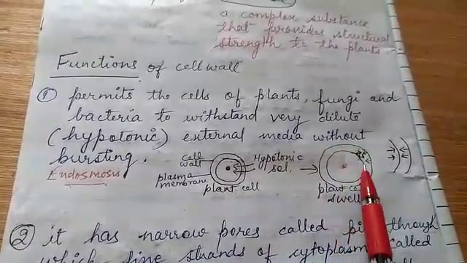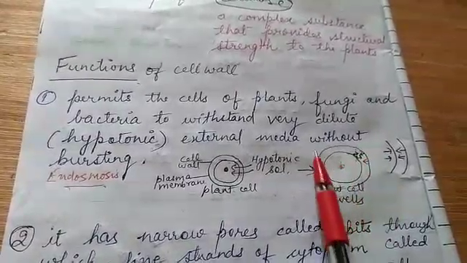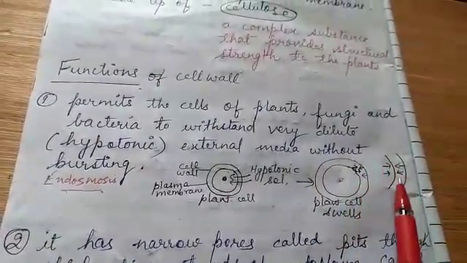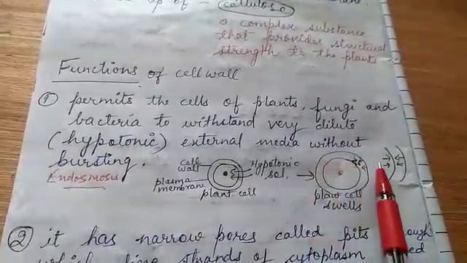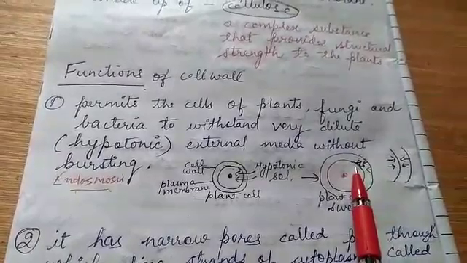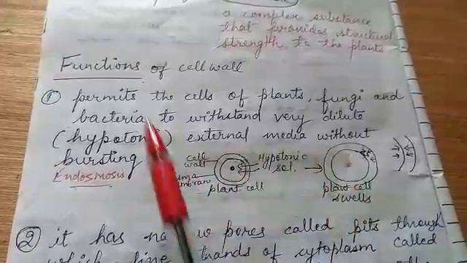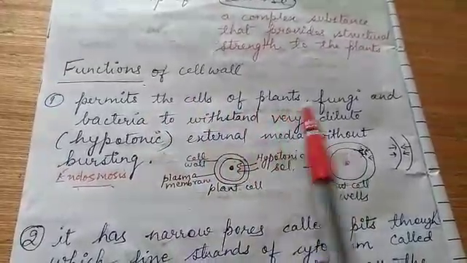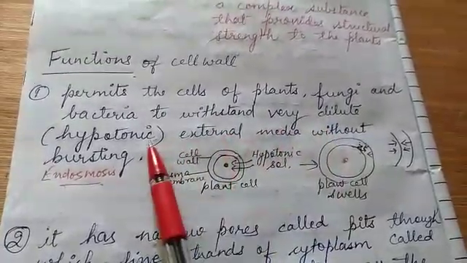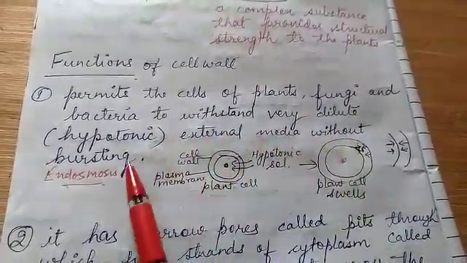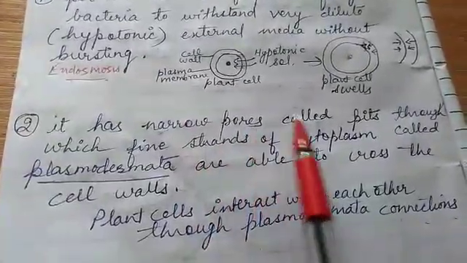So the plasma membrane exerts pressure towards the cell wall, on the outer side, and on the other hand, the cell wall, the outer layer outside the plasma membrane, exerts pressure towards the plasma membrane and thus prevents the cell from bursting. So it permits the cells of plants, fungi and bacteria to withstand very dilute, that is hypotonic, medium without bursting.